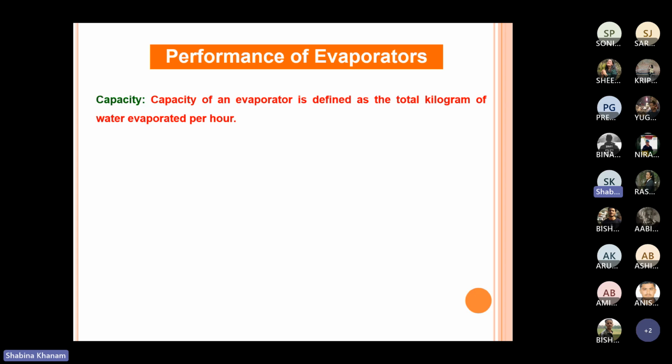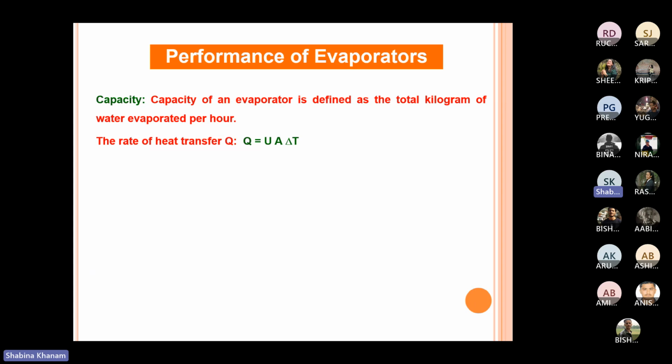The more capacity we are dealing with, the thicker the slurry we will be able to generate. When we consider how much water is evaporated, that depends on how much heat we are supplying, so it will depend on this Q. That Q will be transferred to the water using the expression UA delta T mean.